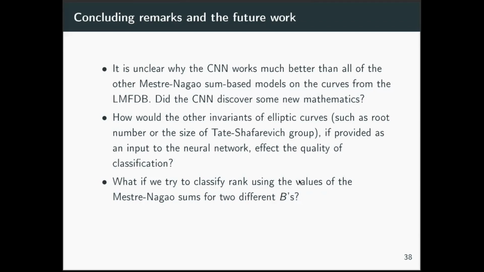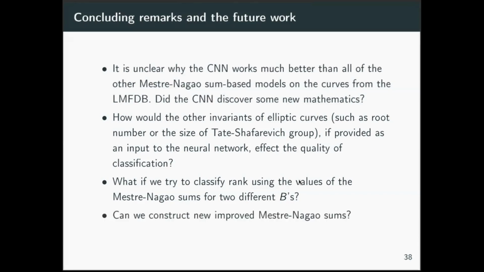Especially if you remember that remark about the original BSD conjecture. If you have two partial sums, if you subtract them, then you will get something that will not have that constant A in the formula. So it might be useful to try this to see how the Mestre-Nagao sums will work in this case.